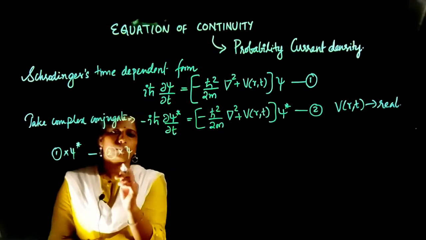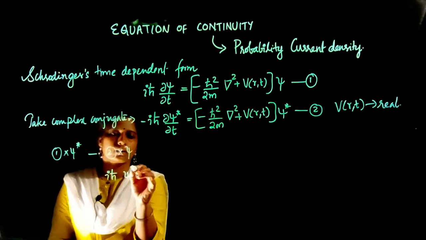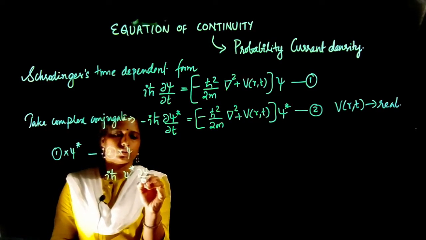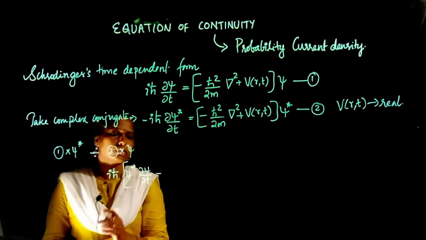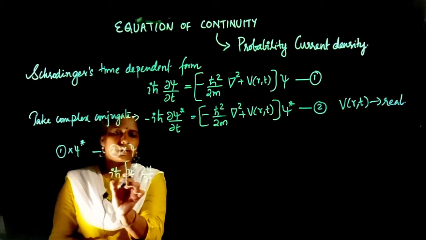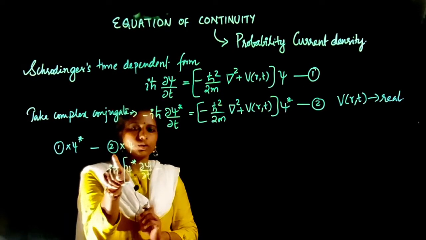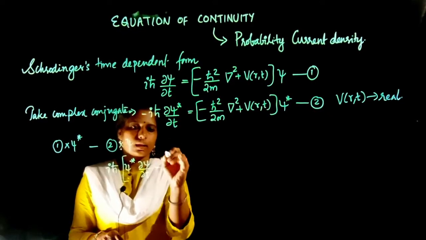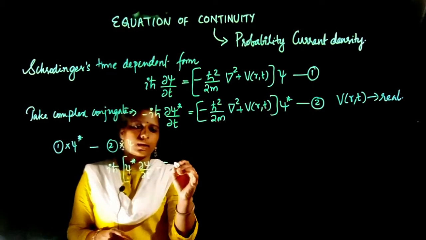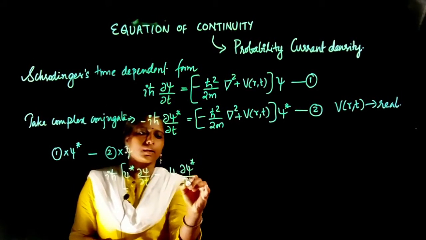This gives equation 1 times ψ*, so iħ ψ* ∂ψ/∂t minus, iħ is common in both so we are taking it outside, and I have to subtract equation 2 multiplied by ψ from this. So subtract, there is again a minus sign here, times ψ ∂ψ*/∂t.